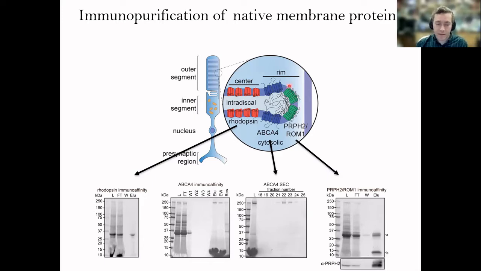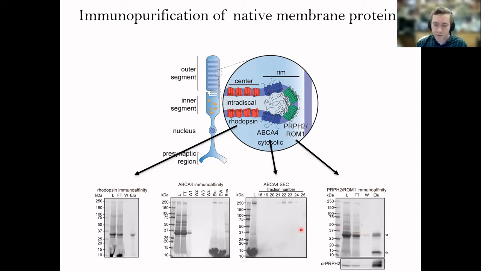In order to purify these things, we used an established antibody against rhodopsin called 1D4. We also designed an antibody against ABCA4 for better preparative scale purification, which was then followed up because we still had some remaining contaminants. We used size exclusion chromatography to further purify that protein.